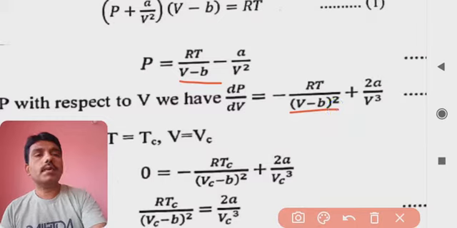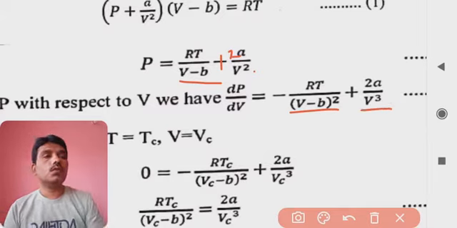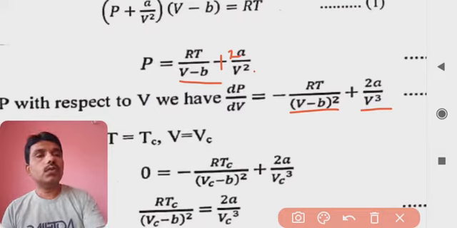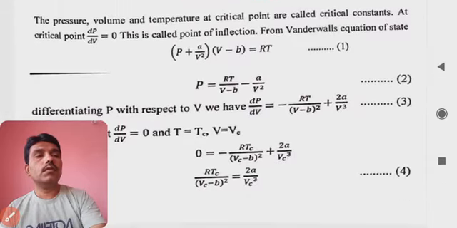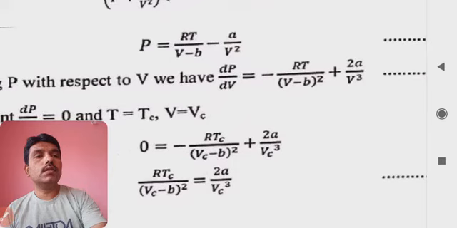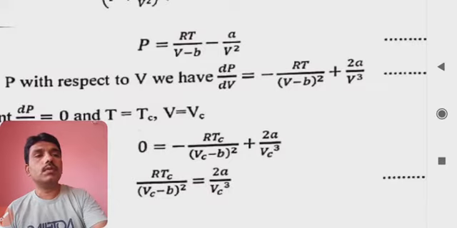Here minus minus will be plus, and a by V square, where 2 comes forward, gives 2a by V cube. This is the differentiation, and we will call it equation number 3, where dP by dV is equal to minus RT by (V minus b) whole square plus 2a by V cube.